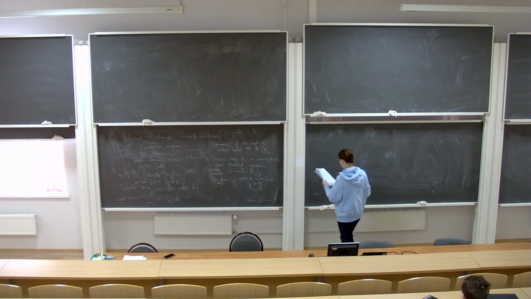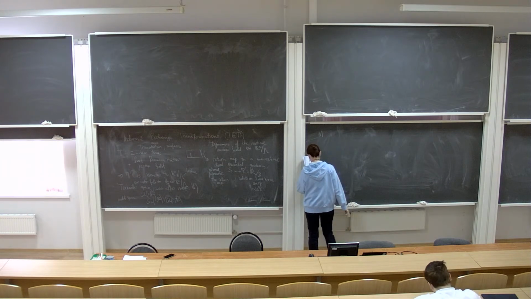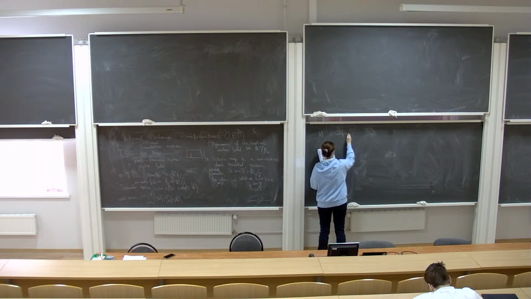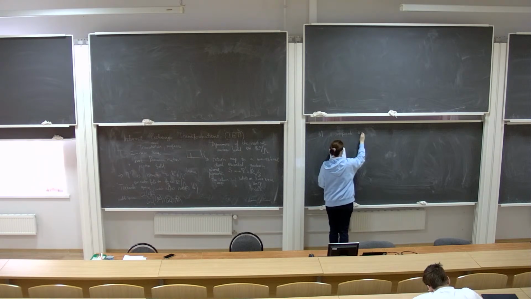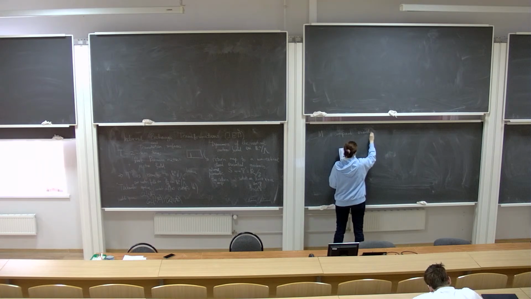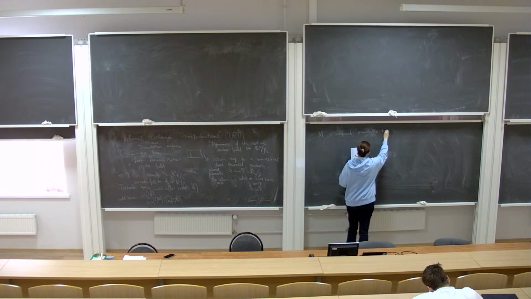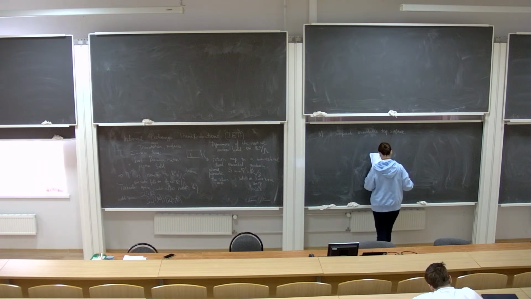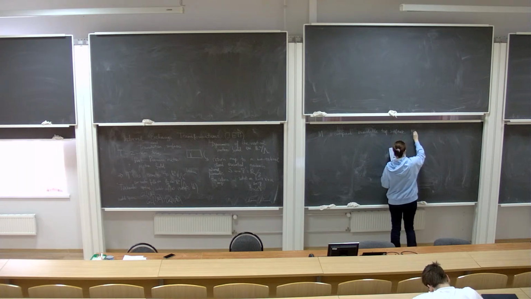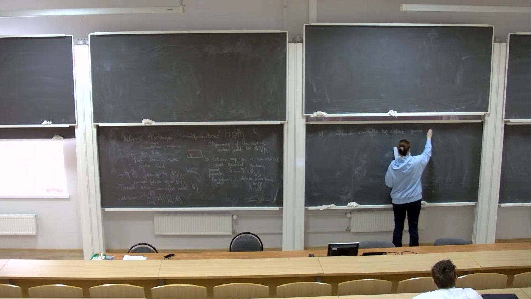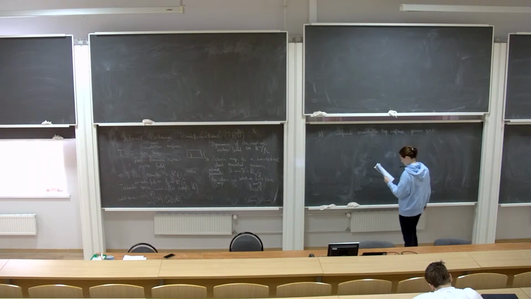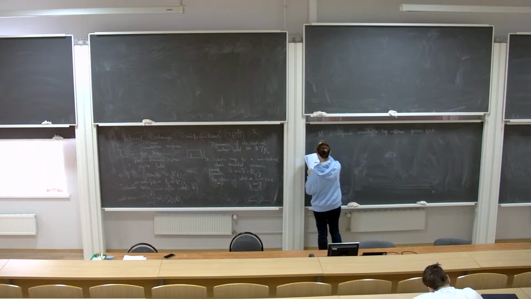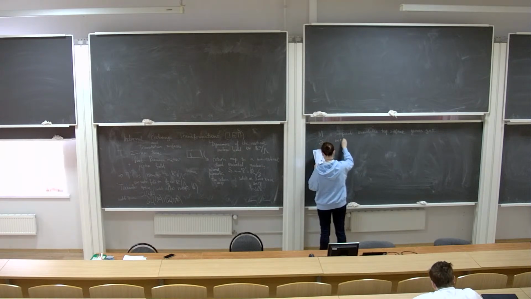So I take a surface. I will assume that it's a compact, orientable, topological surface. Maybe it will be useful to fix its genus. Now I have to fix some non-empty finite subset of points.